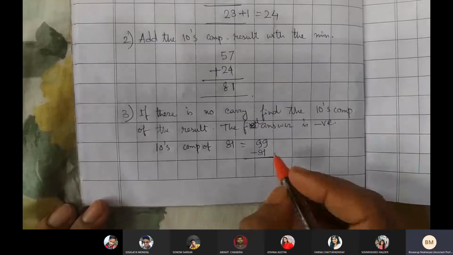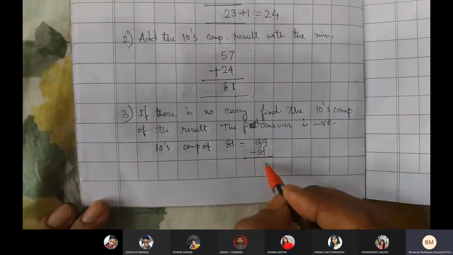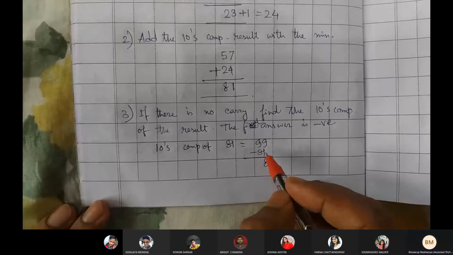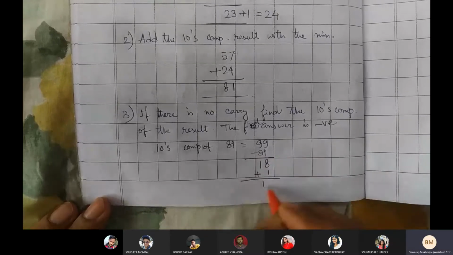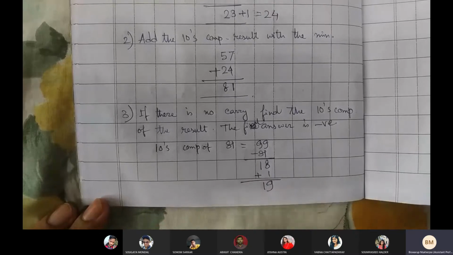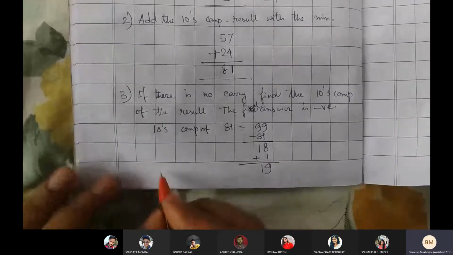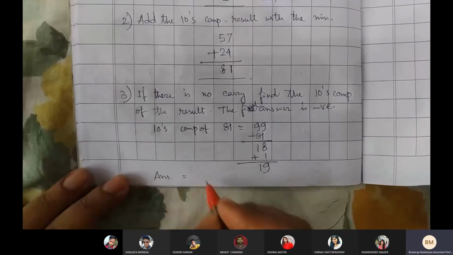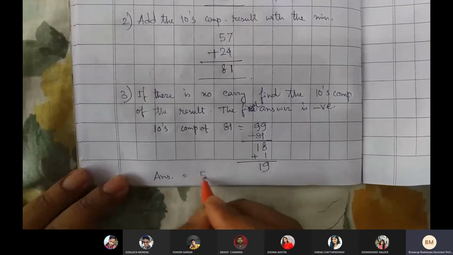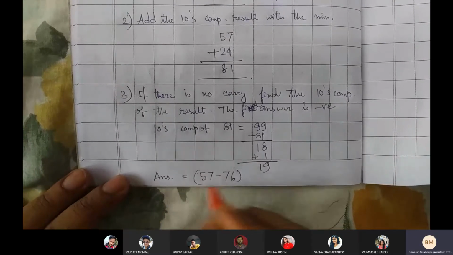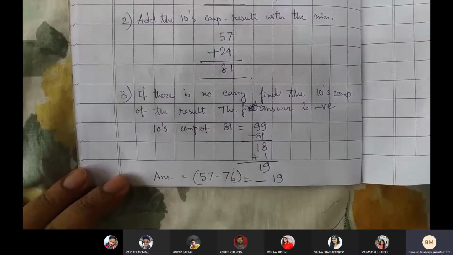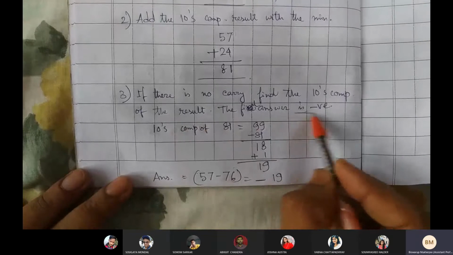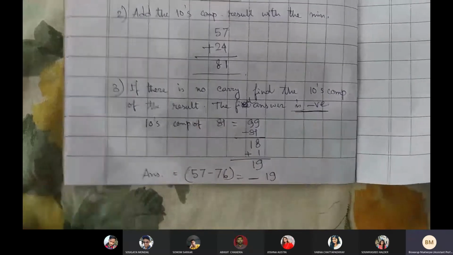So that is 18 plus 1, which is again 19. So the answer, 57 minus 76, is equal to 19 with a negative sign. As I have mentioned already, the final answer is negative. Okay, so this is the process for tens complement.